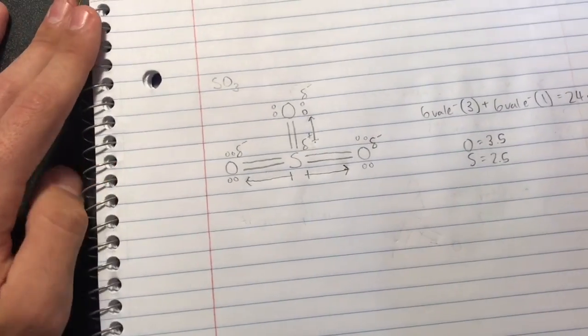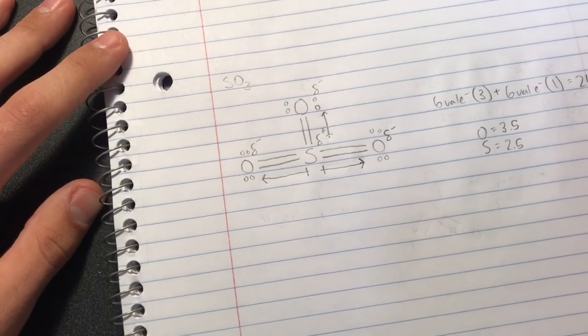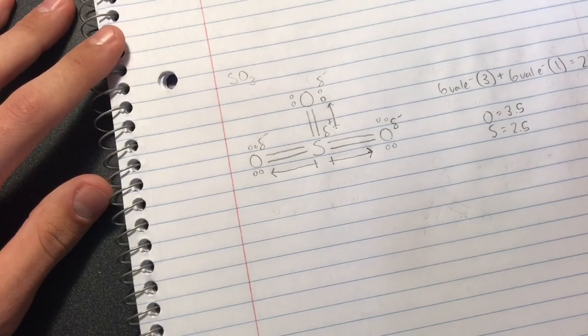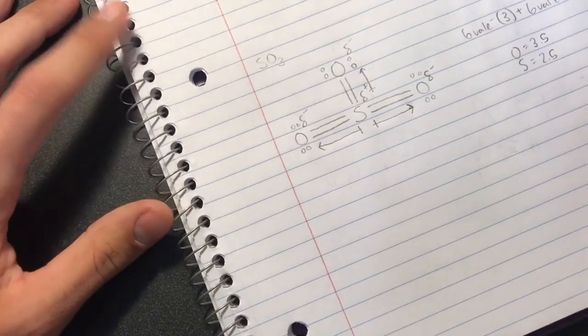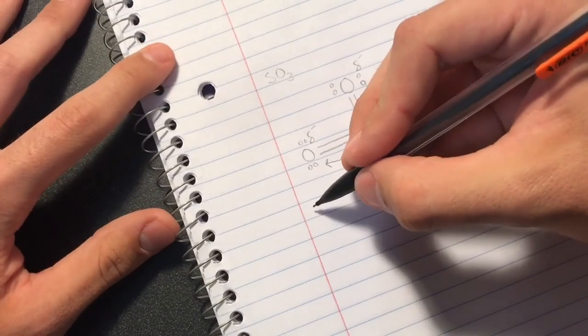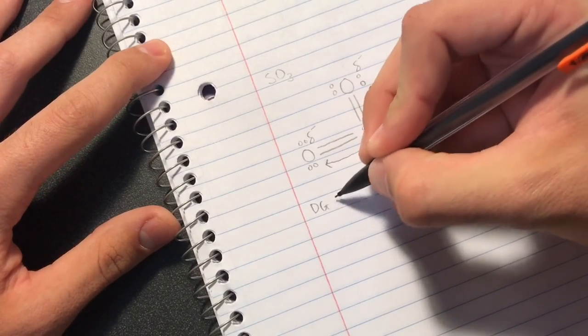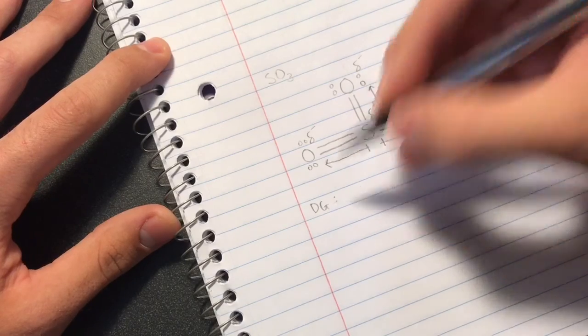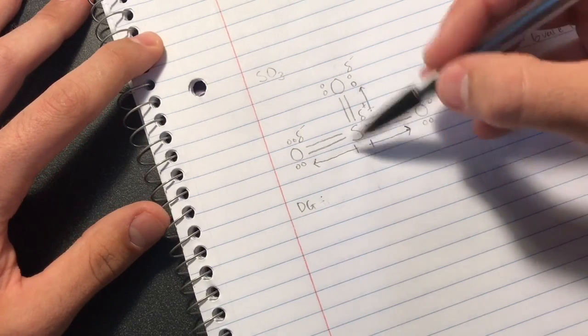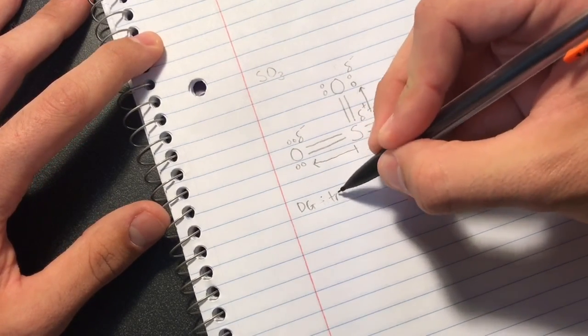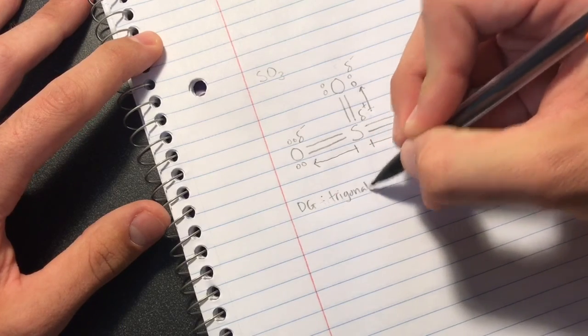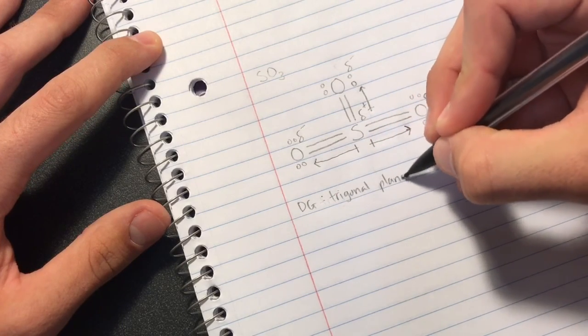Alright. Next, you're going to want to find the domain and molecular geometry. So the domain geometry is going to be trigonal planar because the central atom has 3 domains on it. So let me go ahead and write that down.